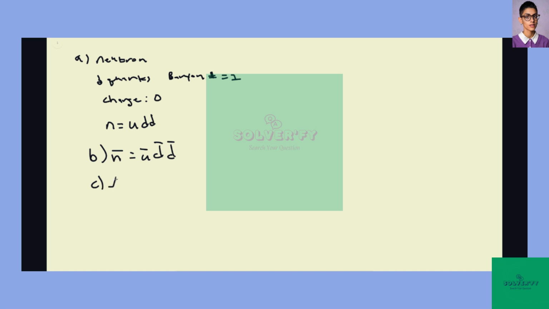Now, for part C, the lambda neutral, it has a strangeness of minus 1, and it has a baryon number of 1.